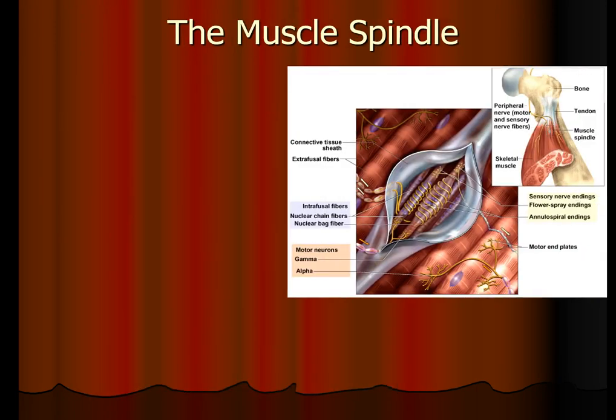A muscle spindle is a type of receptor, and this picture is showing us a muscle spindle. Okay? So we see the striations, so we know we're looking at skeletal muscle fibers. And it has this spindle wrapped around it. It doesn't take a whole lot to realize that as this muscle is stretched or even contracted, it's going to change the shape of that coil around it, that spindle.